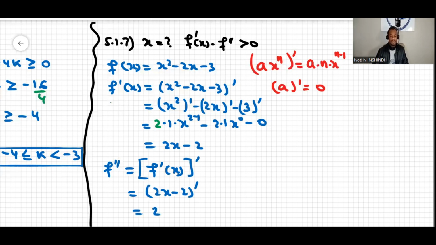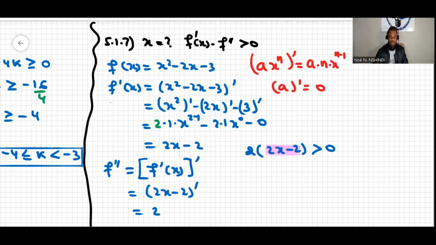Now, to do the product here, it's this function times that function. In other words, it's 2 times 2x minus 2 greater than 0. Now we know that 2 is always positive, so what we need to consider is 2x minus 2.